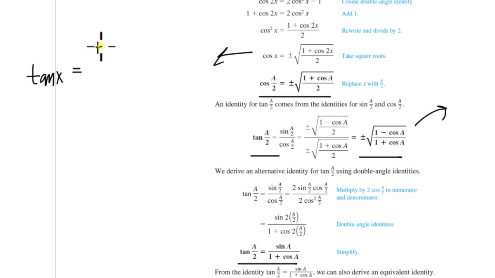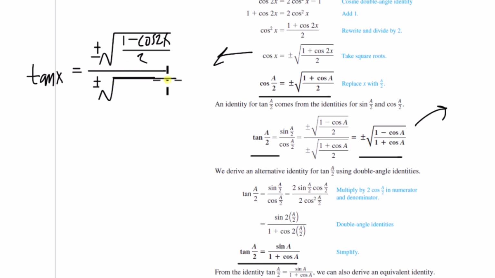So that was plus or minus the square root of 1 minus cosine 2x over 2, and then 1 plus cosine 2x over 2. Let's see, they simplify this. They just combine what's in the roots.